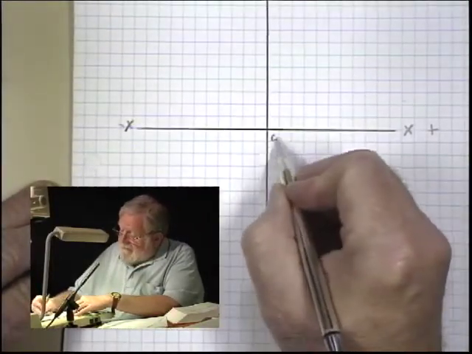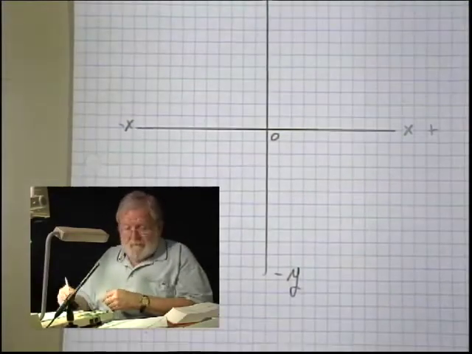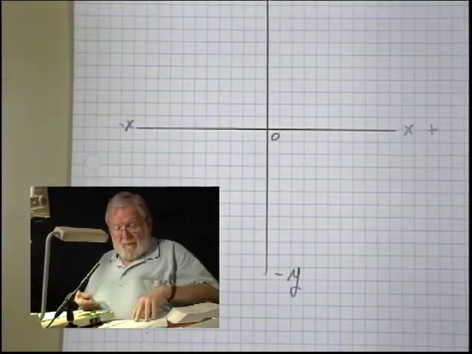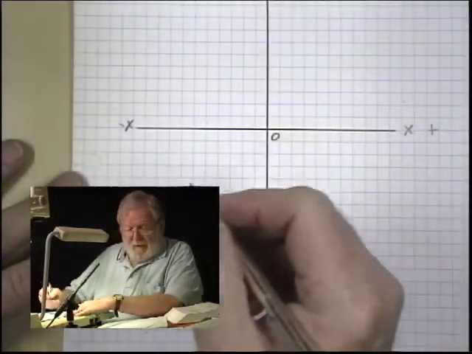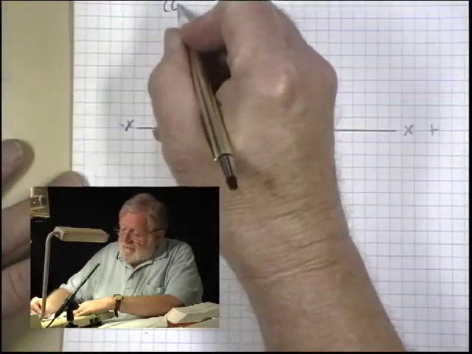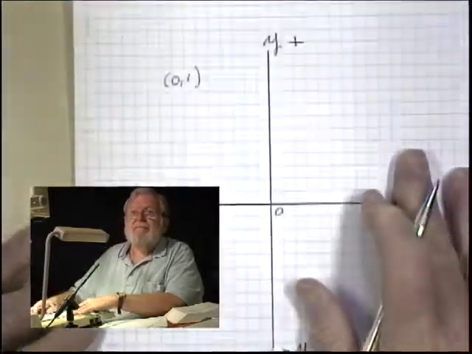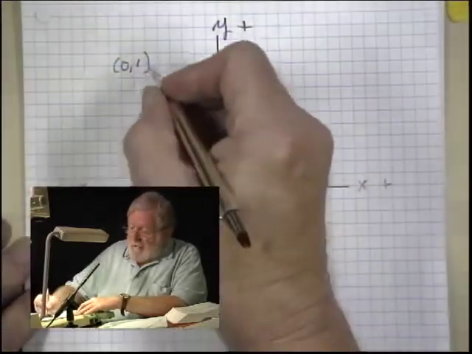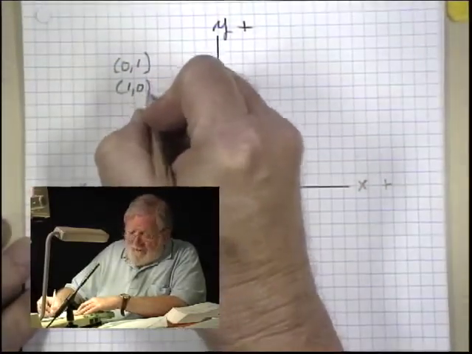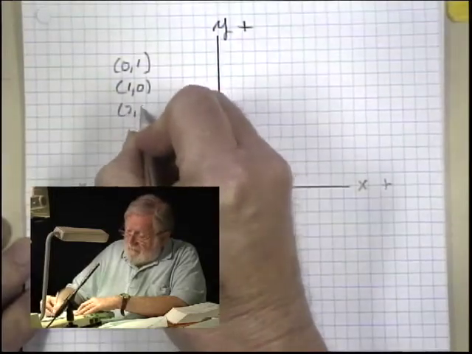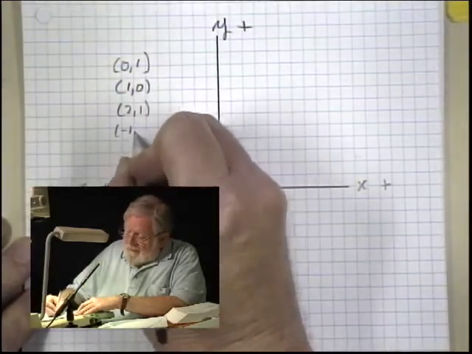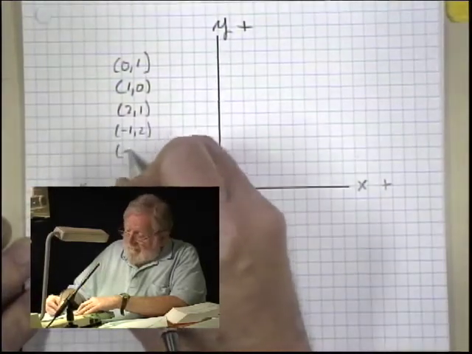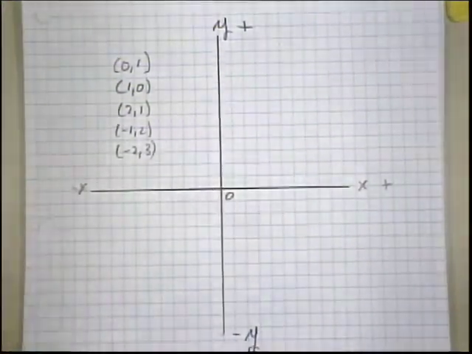And this is our 0 point. So our ordered pairs were 0, 1, 1, 0, 2, 1, minus 1, 2, and minus 2, 3.